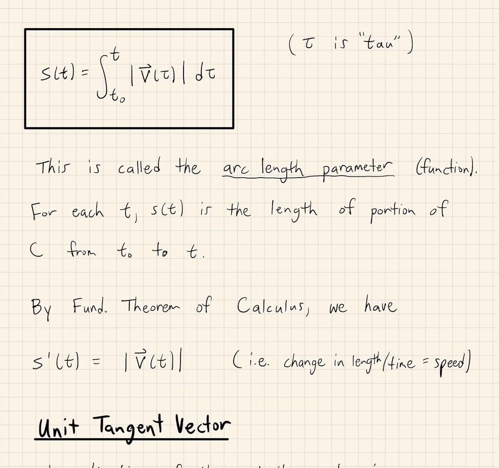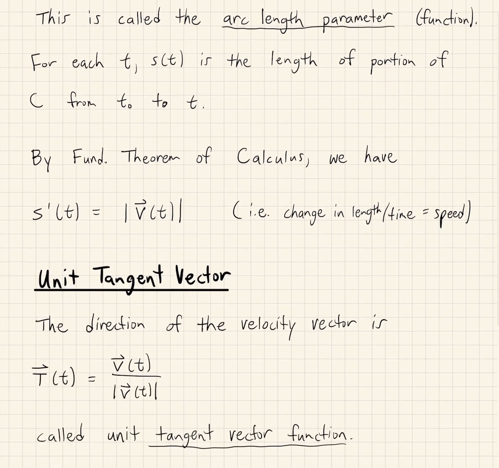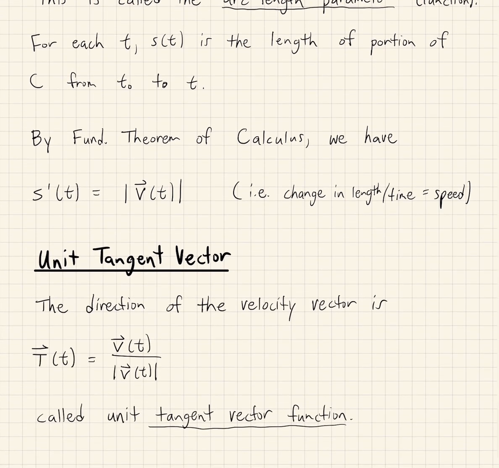Notice then, by the fundamental theorem of calculus, that we have the derivative of the arc length function. If you remember how the fundamental theorem of calculus looks, it's exactly now going to be the magnitude of v of t, in other words, the speed function. But again, this makes sense, right?